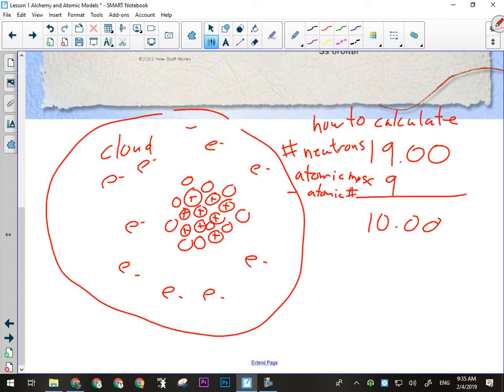To calculate the number of neutrons, you take the atomic mass and you subtract the atomic number. It has to be a whole number. You can't have 0.2 neutrons.